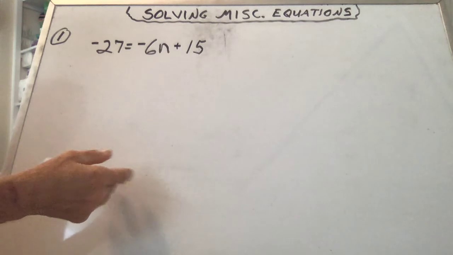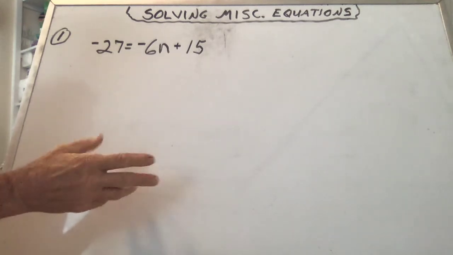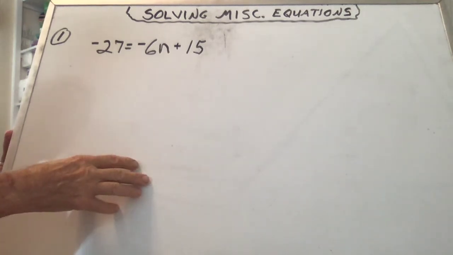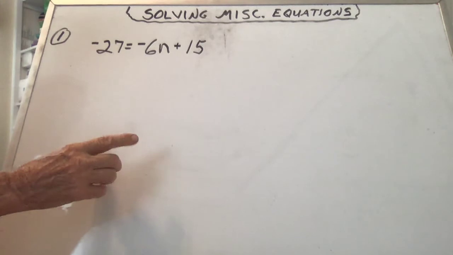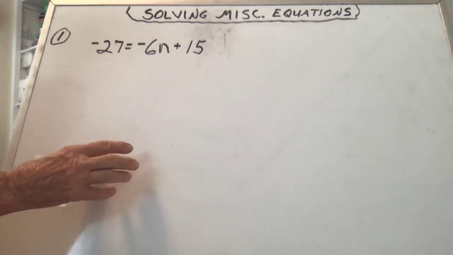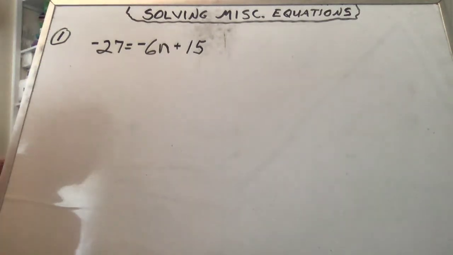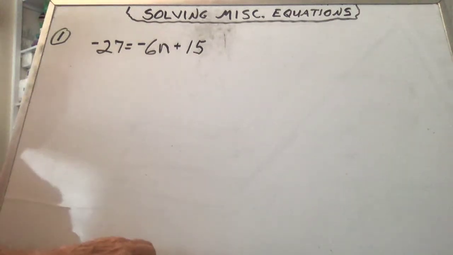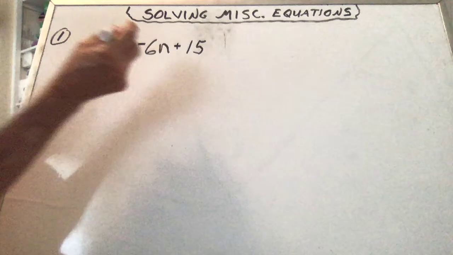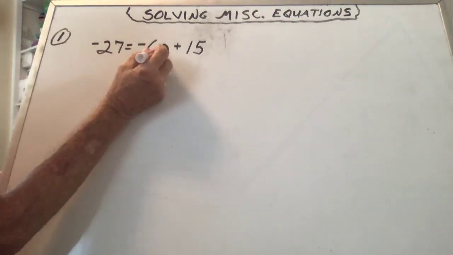If there are 2 variables, there has to be 2 equations. You've done that with systems in 8th grade, substitution, elimination. But for this, it'll be a single equation, single variable, and our job is to find the value that makes this equation true. That's called the solution, solving it. So we want to get that n by itself.